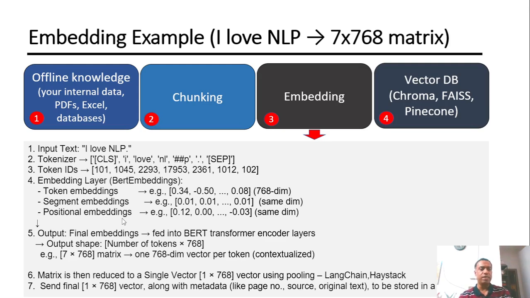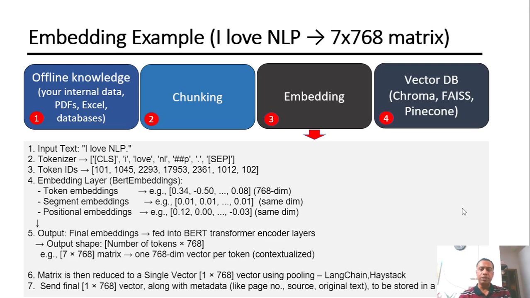So the matrix is then reduced to a single vector by using pooling. And this is done by LangChain or Haystack. So what is finally sent into the vector database is your single vector along with the metadata, which has all the information about that vector, which is your page number, source, original text, and all of that.